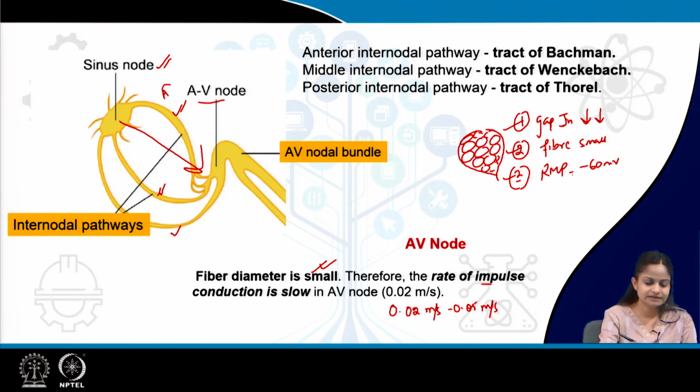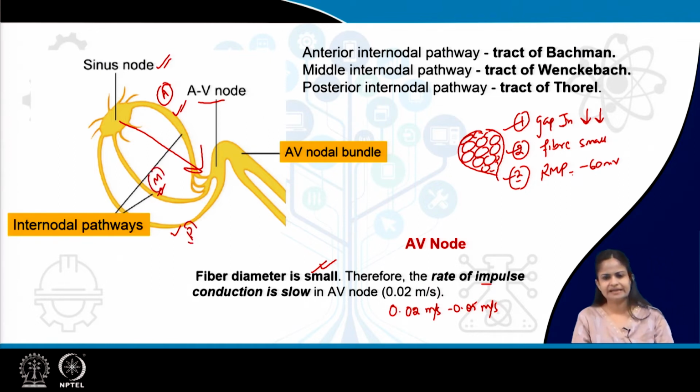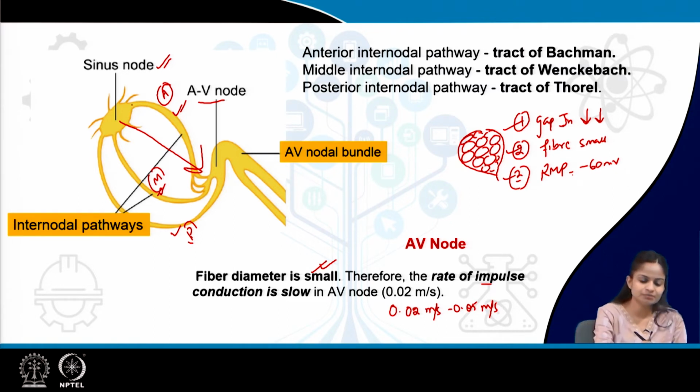Now, the anterior internodal pathway arises from the anterior surface of the SA node to the anterior surface of the AV node. It also gives another direct branch to the left atrium.